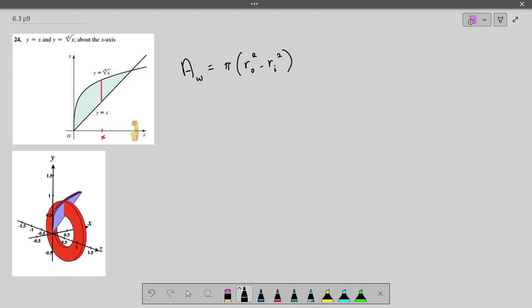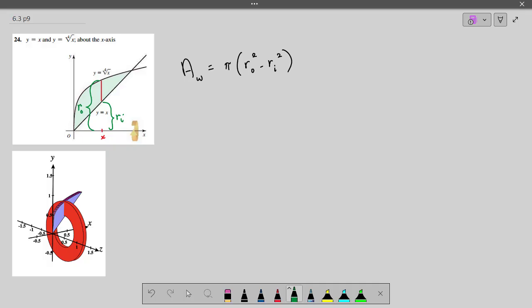Big disk minus little disk. In our picture, the distance here is the inner radius, and the distance here is the outer radius. The curve closer to the axis of rotation generates r sub I, and the curve further from the axis creates r sub O.